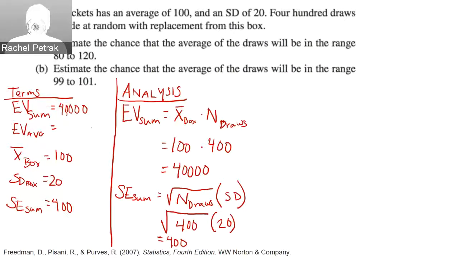We already know the expected value of the average is going to be 100 because that's the average of the box. And we need to get the SE of the average.